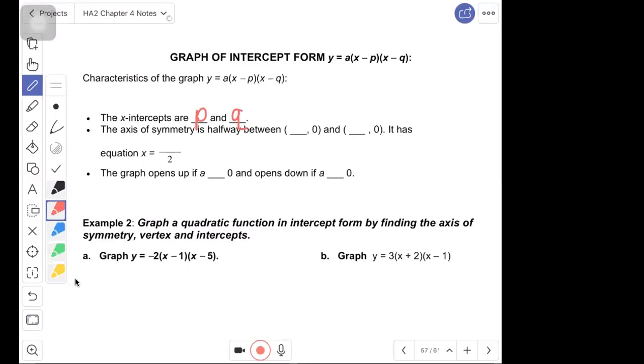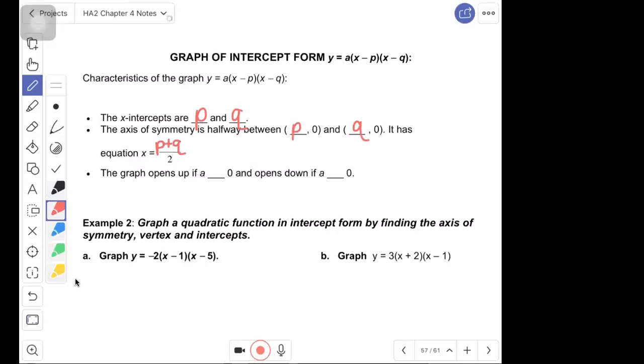And notice here that negative is a part of the formula. So just like that h in our vertex form, we have to remember that negatives are part of the formula here. They're part of the form.